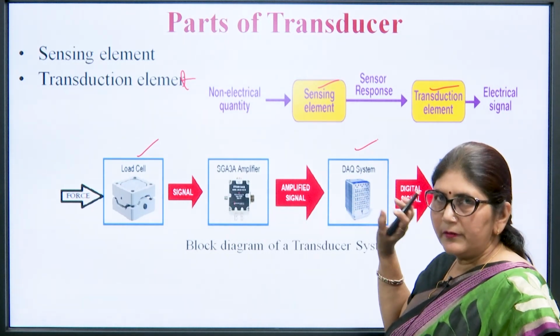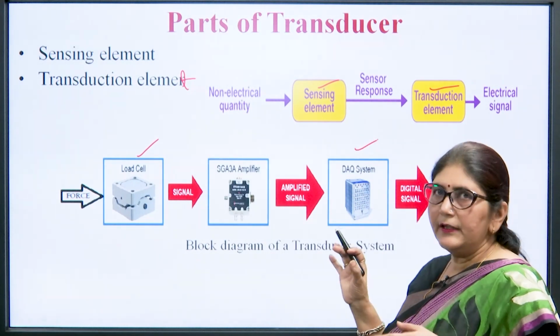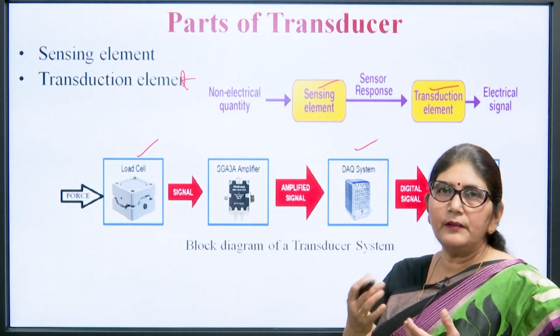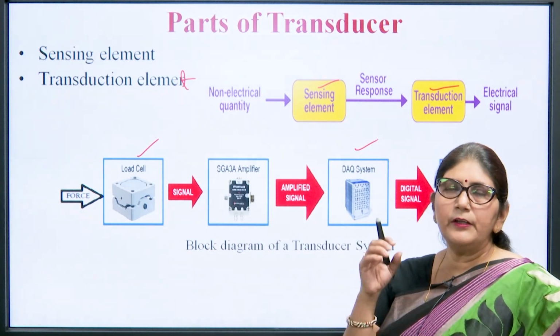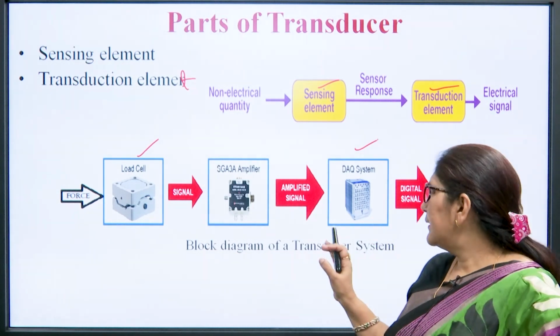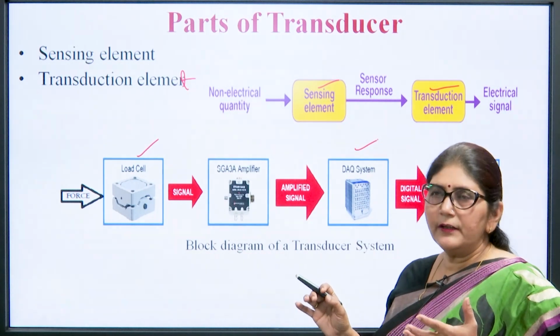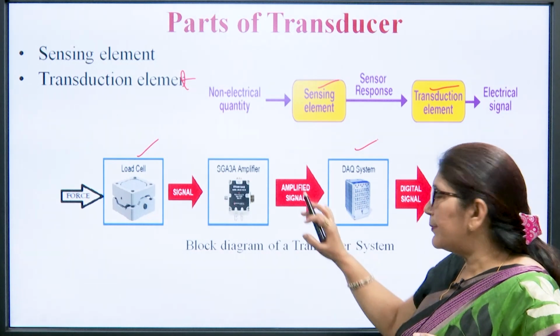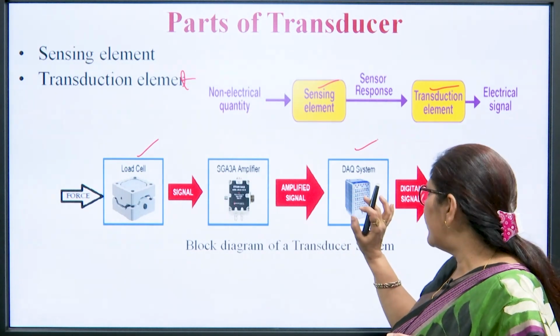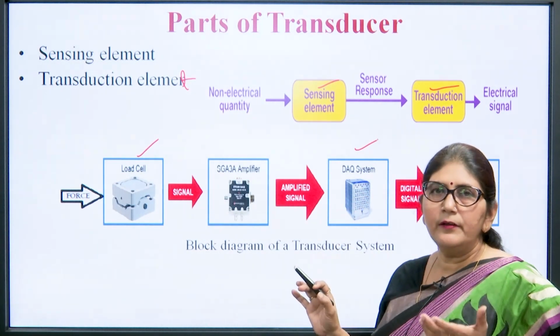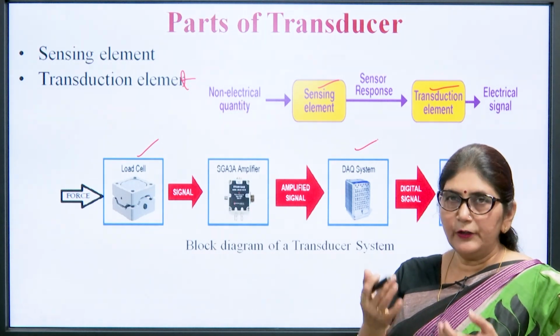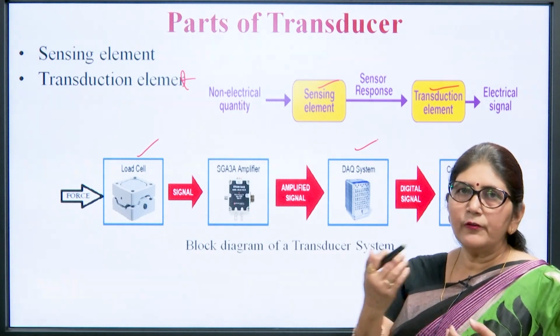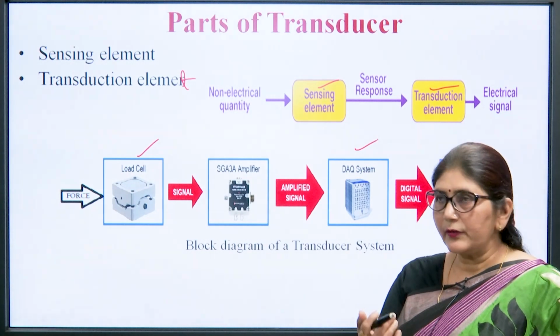Whatever the device needs, suppose frequency extraction is required, then we use a filter circuit. If an attenuator is required, we need an attenuator circuit, or if amplification is required, an amplifier. Or suppose we want to convert the analog output into digital form, then an analog to digital converter is required.